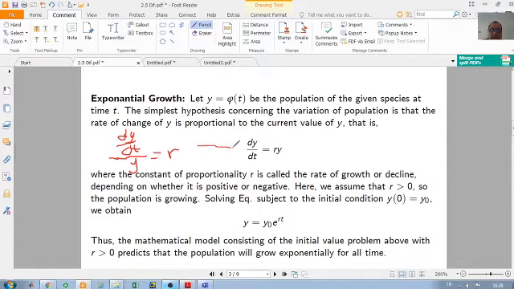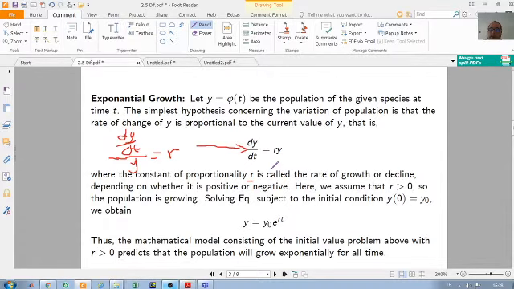Writing this in the current form, dy over dt is equal to r times y, where the constant of proportionality r is called the rate of growth or decline, depending on whether it is positive or negative. If you have a positive value for the constant of proportionality, it is called the rate of growth.